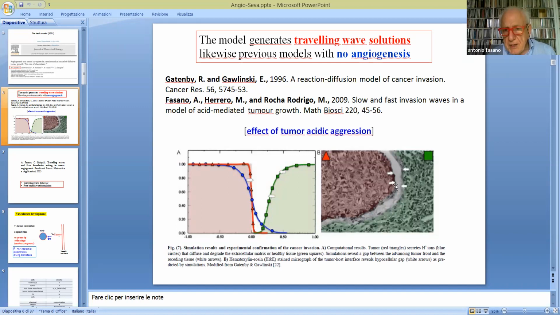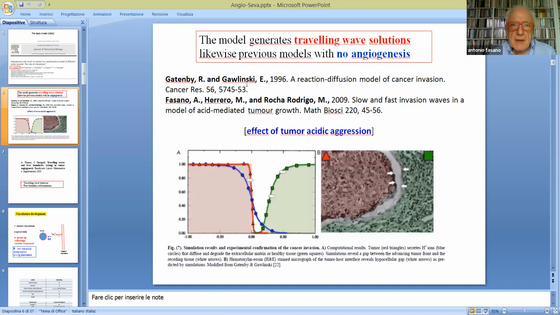You see this gap here between a tumor mass and the host tissue, and the tumor mass advances against the host tissue. Why is that? Because the metabolism of the tumor is such as to generate an acidic environment in which the tumor can survive, but the normal cells die. And this creates this gap of degenerating dead cells, and the tumor can proceed.